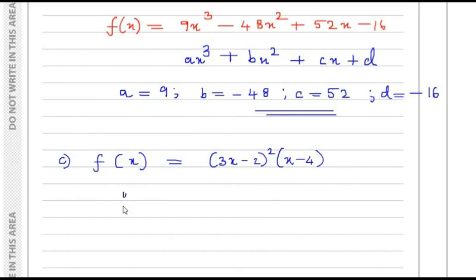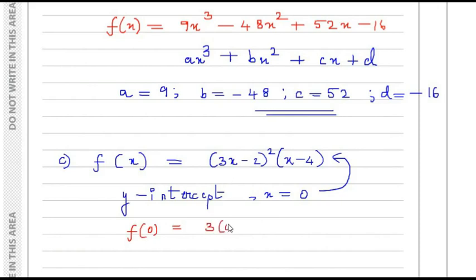So for the y-intercept, because it is on the y-axis, we have x is equal to 0. So we substitute x equal to 0 in the above expression to get the y-intercept, and hence we get f of 0 is equal to 3 times 0 minus 2 the whole square times 0 minus 4.